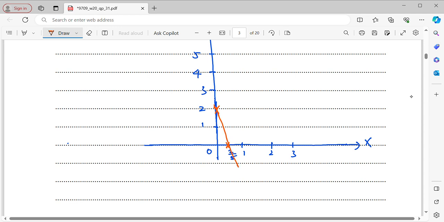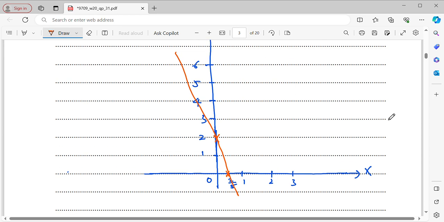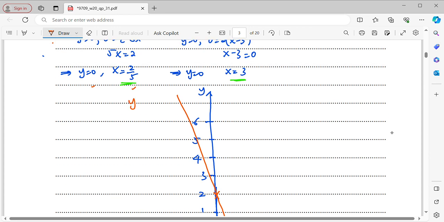Make sure it is a straight line. Even though my straight line is not accurate, you just draw a straight line using a ruler. I will label this as my first function, which is 2 minus 5x.